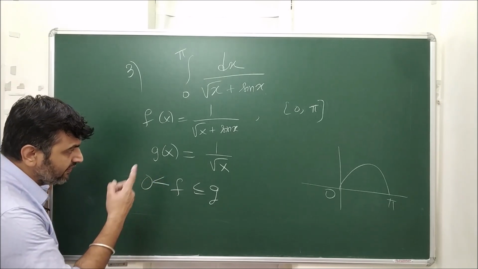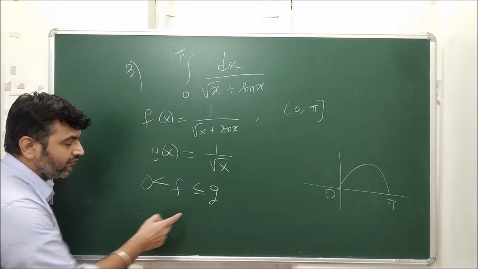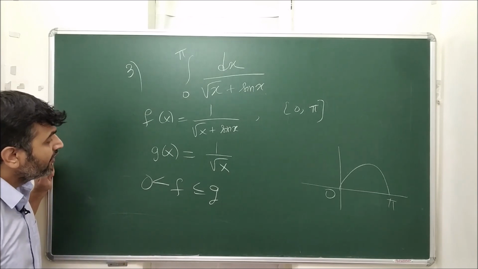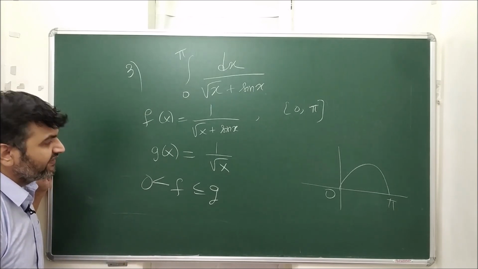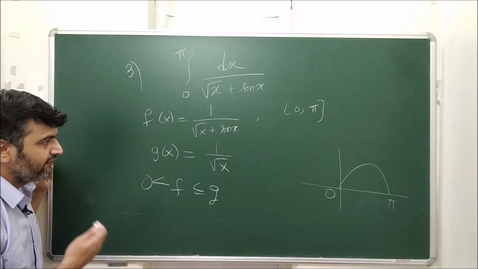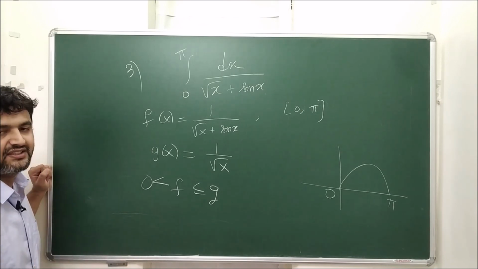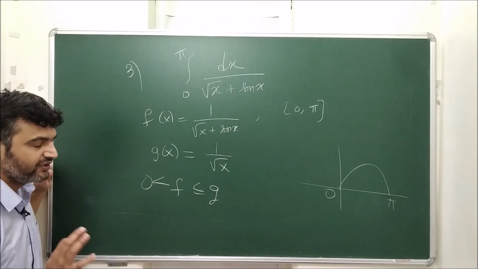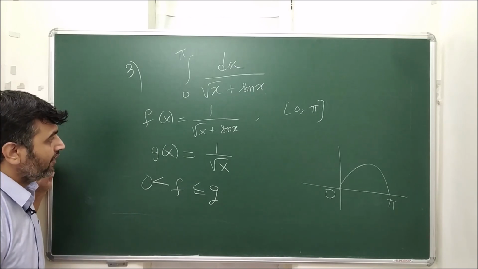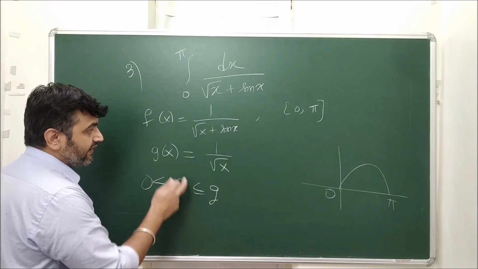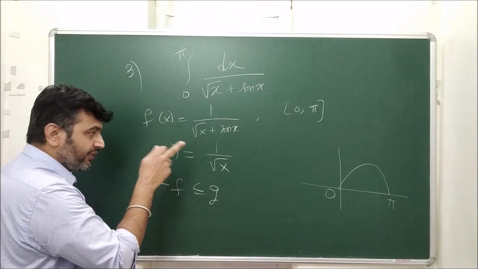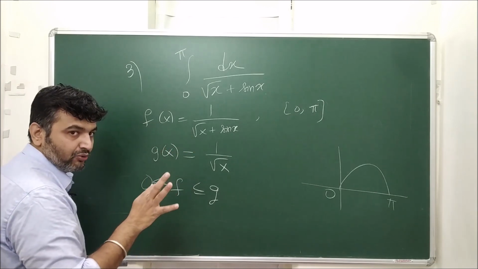Even at the problematic point, actually it is not defined, and if you want to take it as plus infinity, again it is positive. Are they continuous except the problematic point? Yes, they are continuous except at the problematic point.